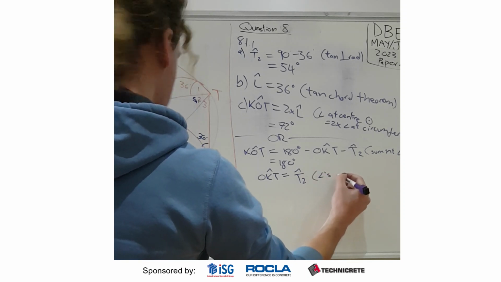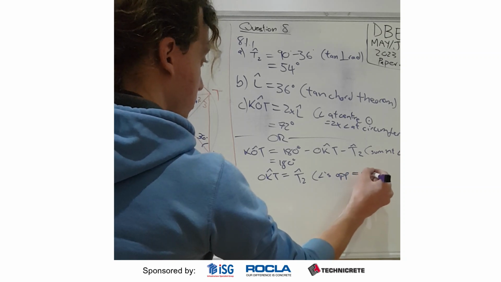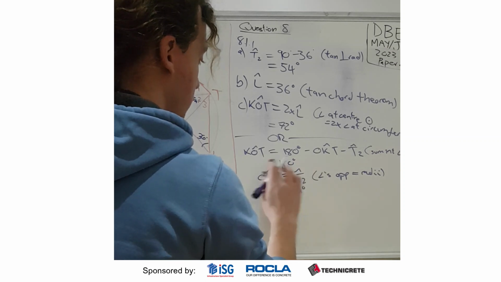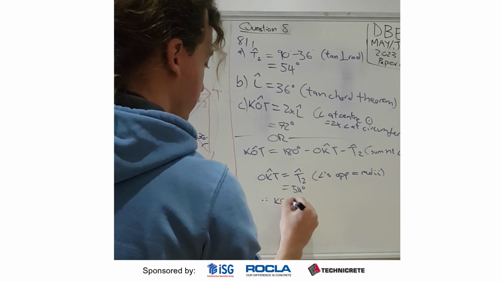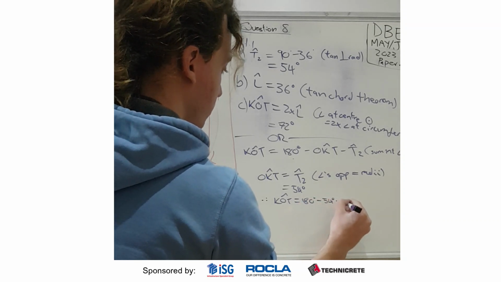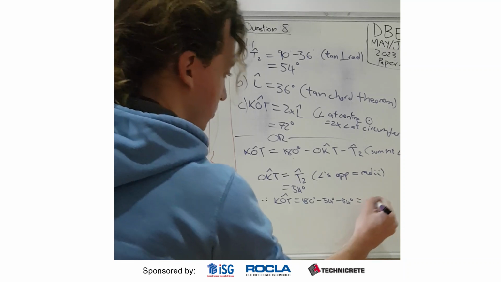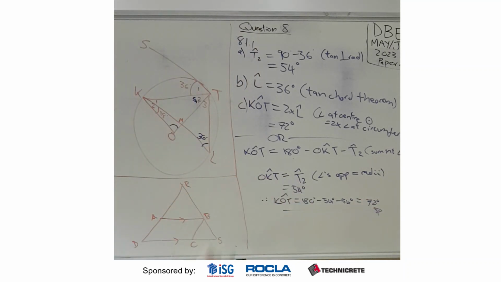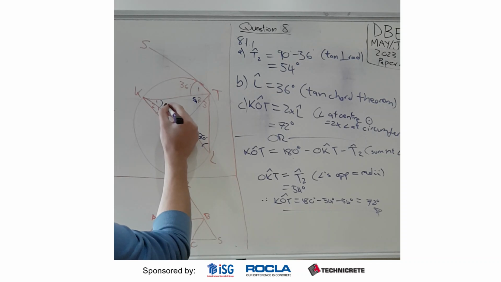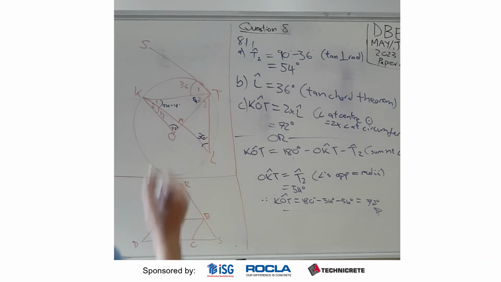It's angles opposite equal radii, so that's 54 degrees. Right, so this one's slightly longer because you have to prove another thing first, but to be fair, that means we found this is, right, it's 54 minus 18. That's somewhat useful. Okay, cool, that's all we need for 8.1.1.